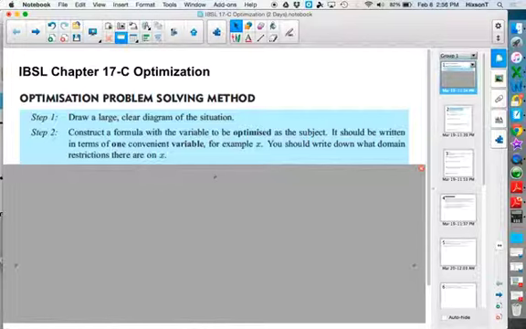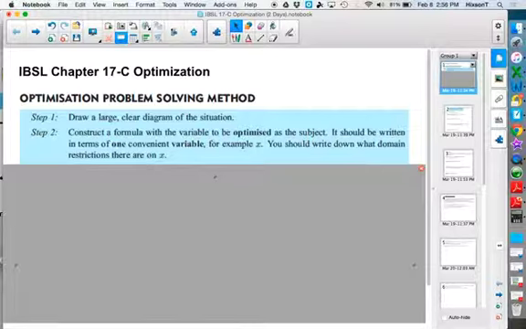Secondly, and this is really the most important, this is where the vast majority of your work comes in. Because after this, you're just taking a derivative, finding critical points, doing all the stuff we've been doing. This right here is the key step of this whole section. That is constructing a formula with the variable to be optimized as the subject. So there's two parts to this.